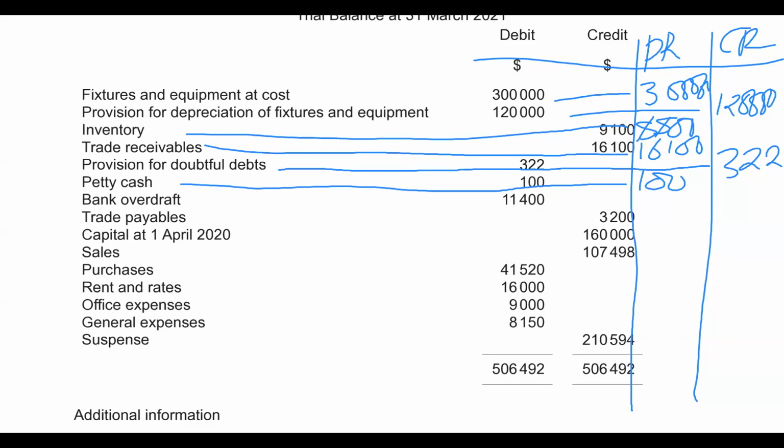Is it an expense or is it a liability? Okay. A bank overdraft is a liability. It's on the credit side. Thank you. So the bank overdraft goes on the credit side, 11,400, like that.